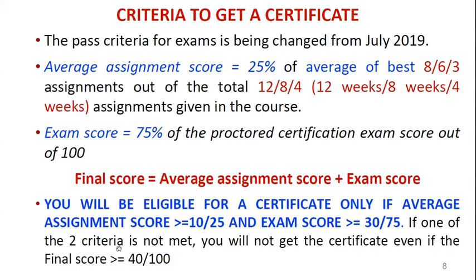If one of the two criteria is not met, suppose the internal score is not greater than or equal to 10 or the final exam score is not greater than or equal to 30, if anyone fails, you will not get the certificate, even if the final score is greater than or equal to 40 out of 100. This is the new thing they have changed from July 2019 onwards.